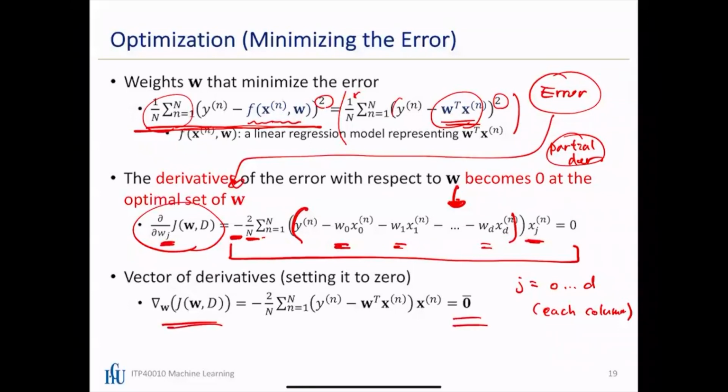And the next thing we want to do is to find out the W value, where again X is given as data and Y is also given as data. So here is the unknown that we want to find out using this equation: minus 2 over n, and take the summation over the difference multiplied by the input itself. And we want to find some combination of W that makes this quantity 0.